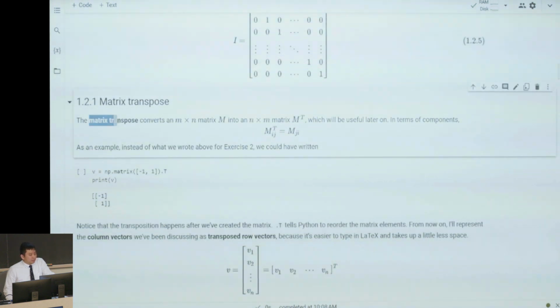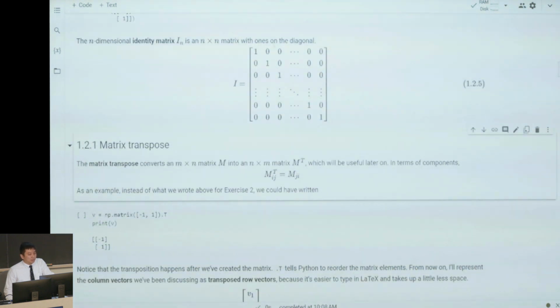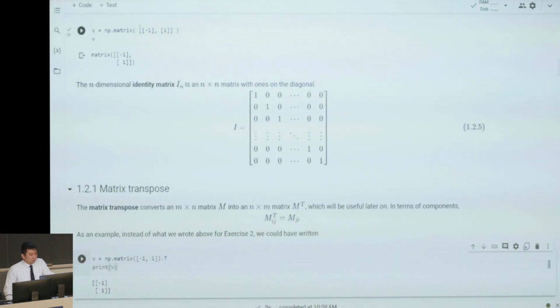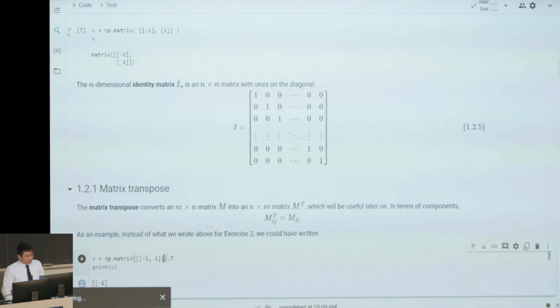There's also this operation called the matrix transpose. And what it does is it flips the upper half of the matrix, so up here, and the bottom half of the matrix. And that's useful here. Why this statement was wrong before, it wasn't the right shape.